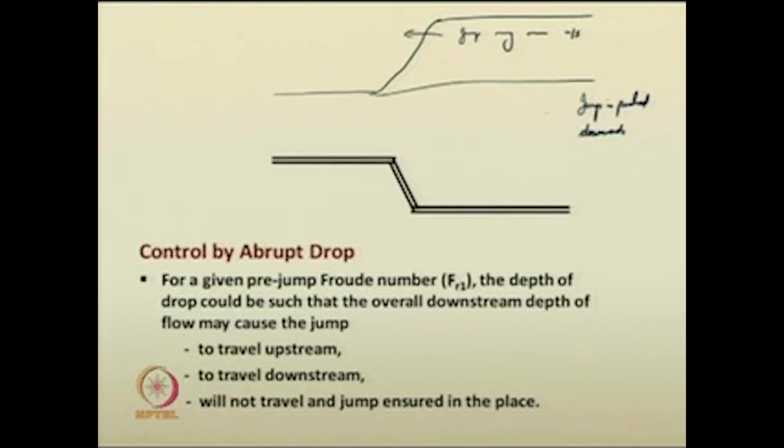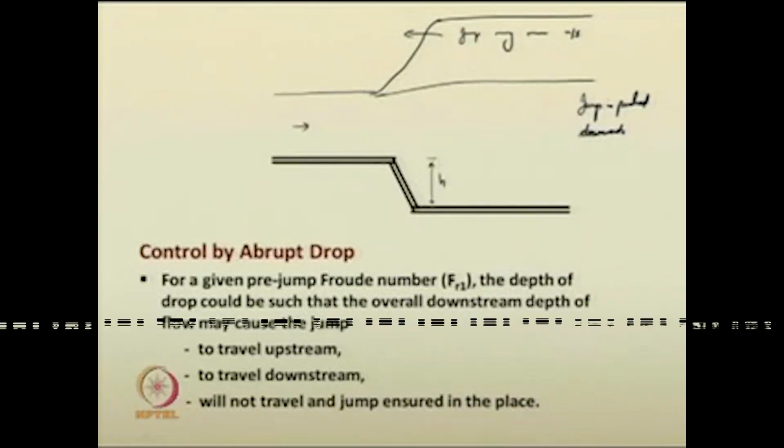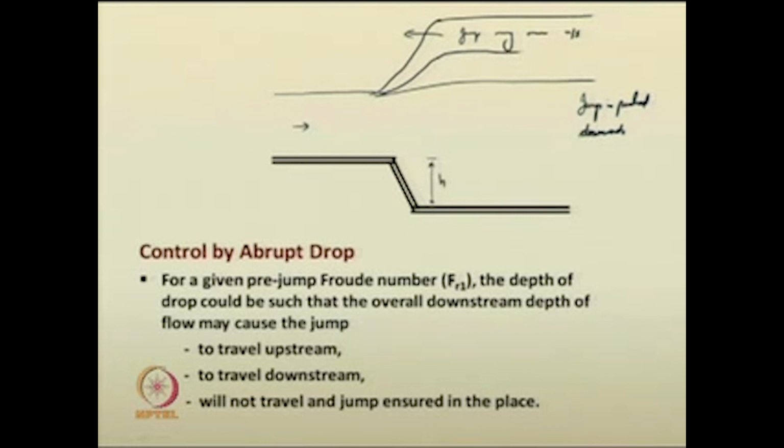In another case, for the same Froude number, that is, for the same incoming flow, based on the rise, based on this elevation, the jump may be either moving upstream, or pushed downwards, or held within this section.